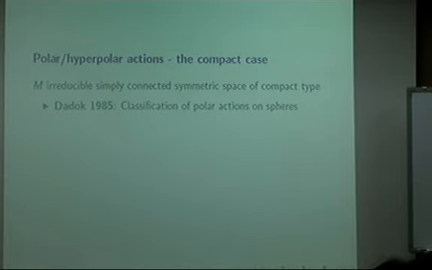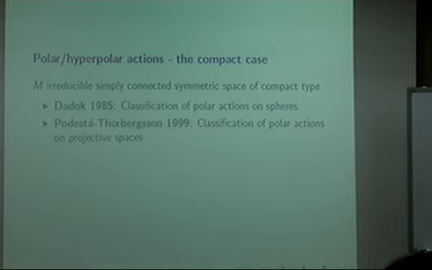Dadok classified all polar actions on a sphere. So that was already done more than 20 years ago. And then Podesta and Thorbergsson, 1999, classified them all on projective spaces.